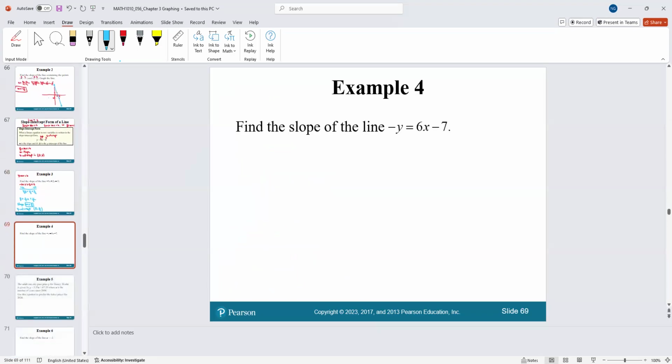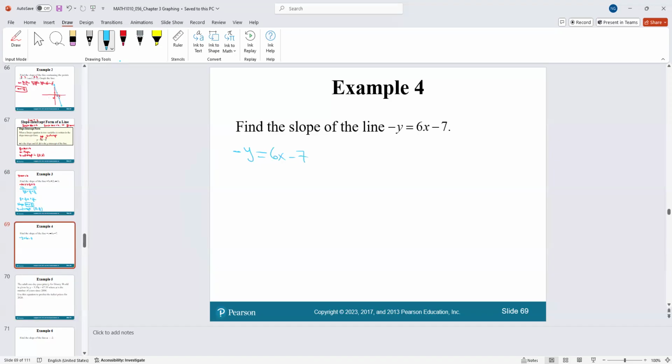We're going to go very quickly with some other examples. Look at this one. We have negative y equals 6x minus 7. That's very important to see. First of all, we must have only y, not negative y.